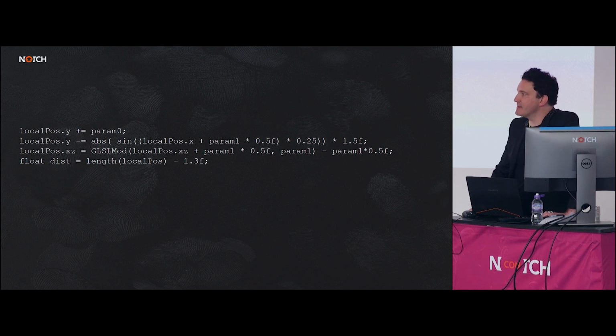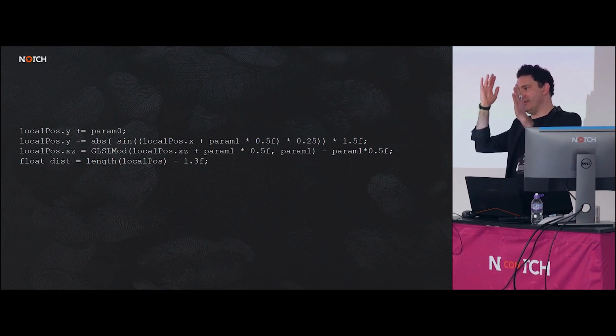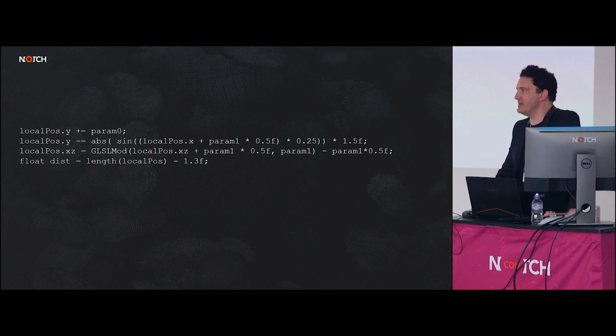I've offset the space, bumped it a bit, and then offset it with a sine wave, just a sine deform on Y. Then I offset the X and Z using a simple repeating pattern. The third line, the GLSL mod, is what makes space repeat in X and Z. It just says, instead of going on forever, only consider and repeat this portion of it. And the last line is the distance to sphere equation, which you might remember from the very beginning of this presentation.